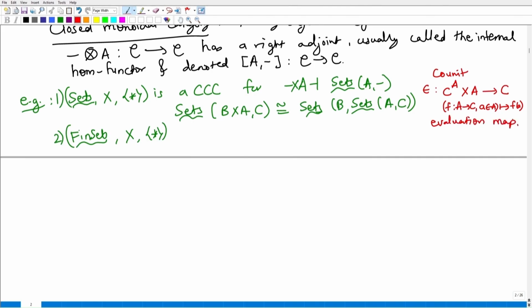And you can use this adjunction to show a lot of properties. Where C to the power A is the hom from A to C, or sets from A to C. You can prove all the properties of exponential.